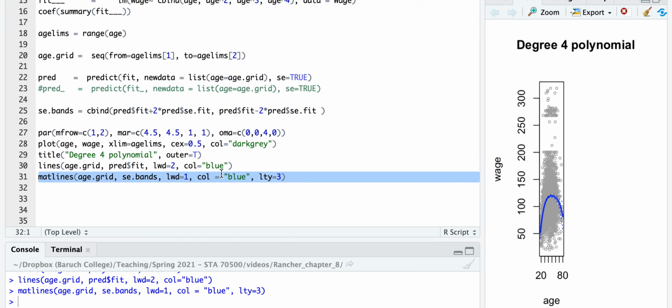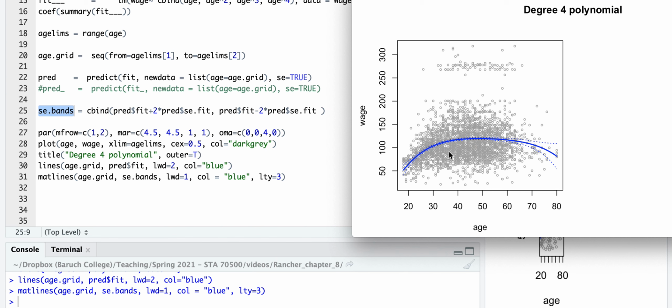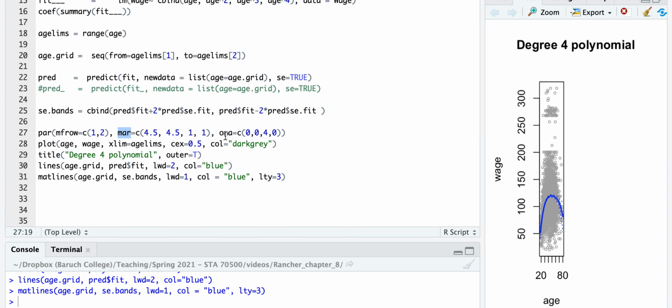And then we add the confidence interval bands, upper and lower bands, SE band, which we defined here, to get this figure. The mar and oma arguments to par allow us to control the margins of this plot.